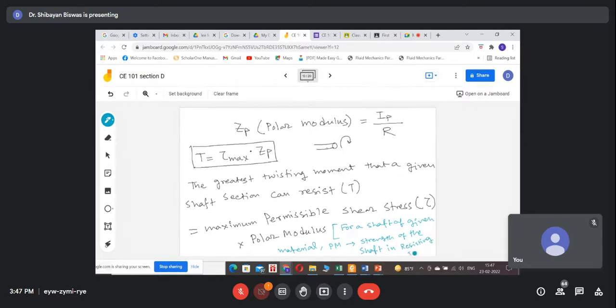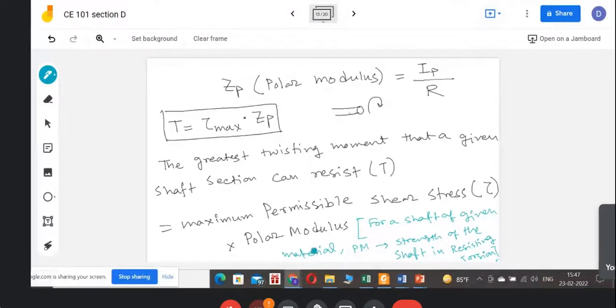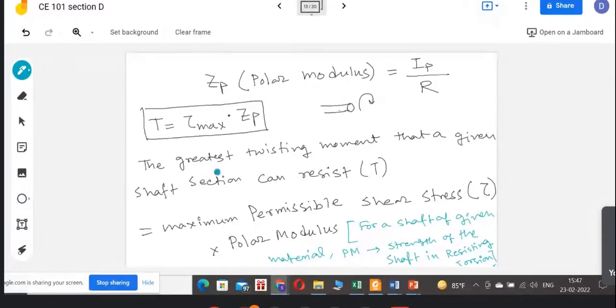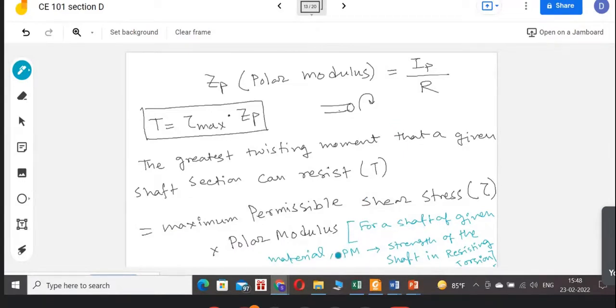Please note down all those things. So this is the maximum resistance coming from the section, related to the maximum shear stress and polar modulus. For a shaft of given material, this polar modulus will tell us how much twisting moment the shaft can resist, and that gives us the essence of the strength.